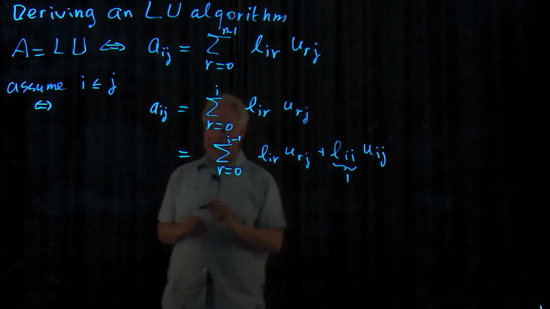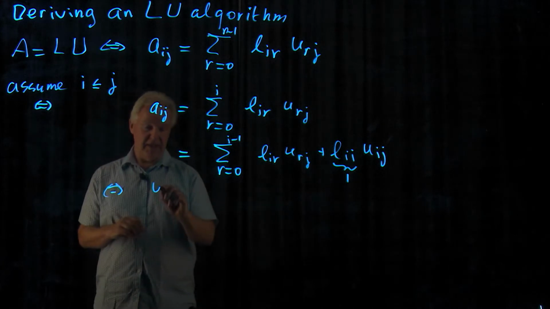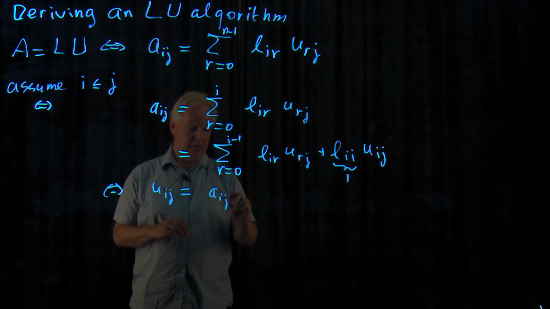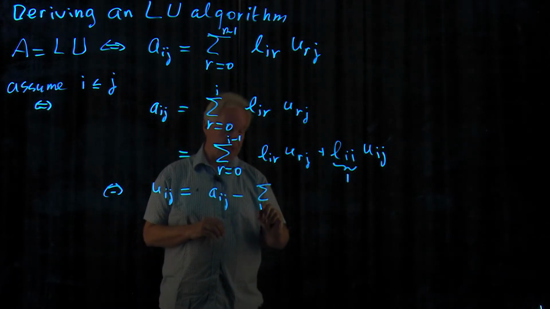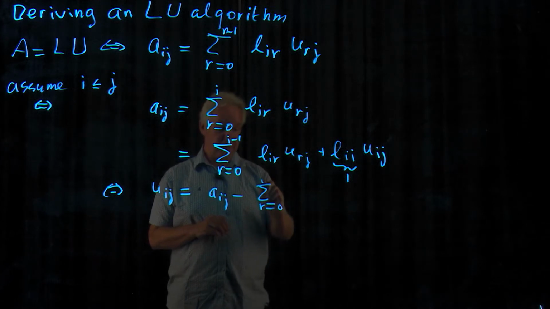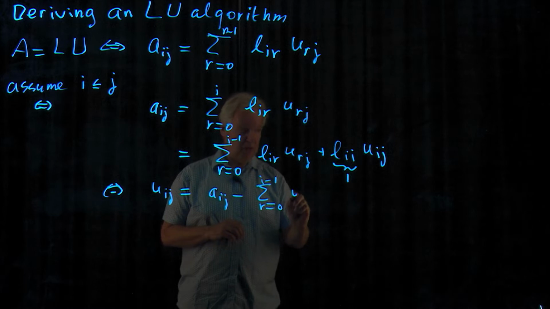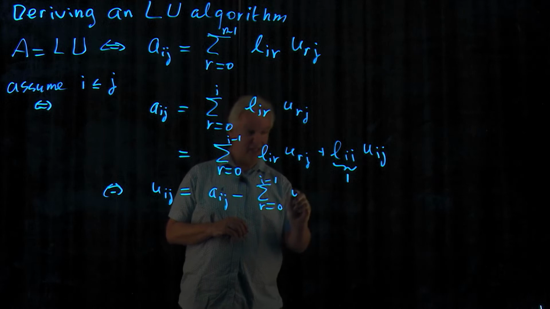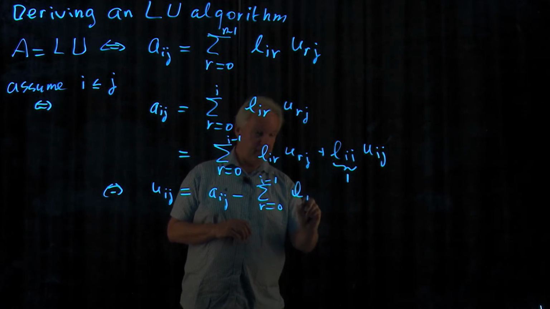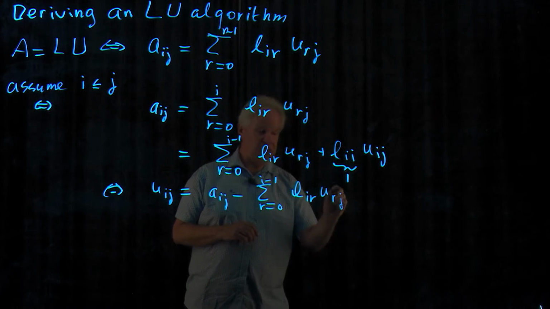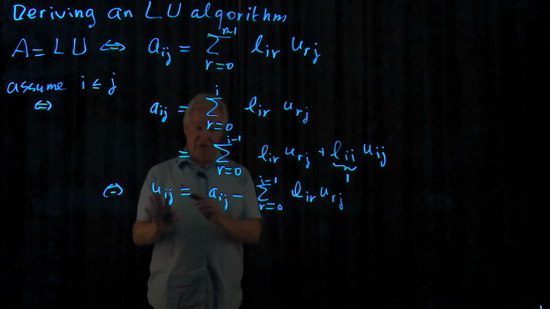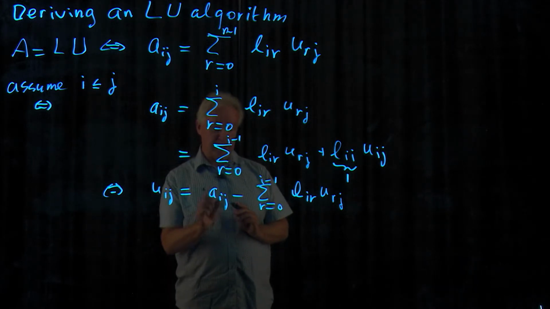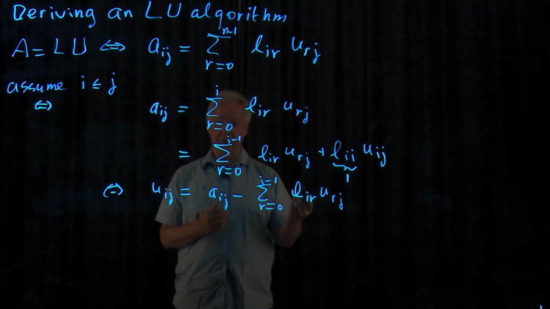We can then write it as Uij equals Aij minus the sum from r equals 0 to i minus 1 of Lir Urj. So this is a formula where we can compute a new Uij from the original Aij and previously computed L and U elements.